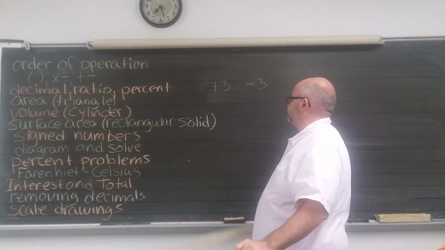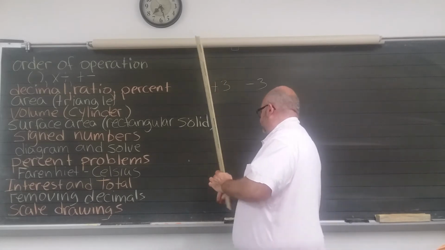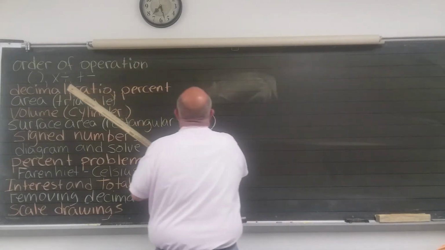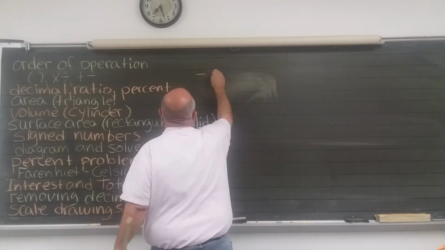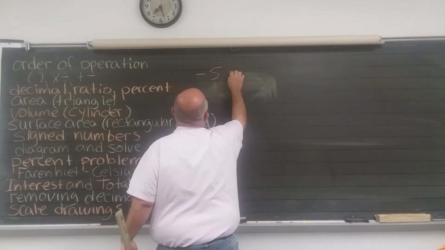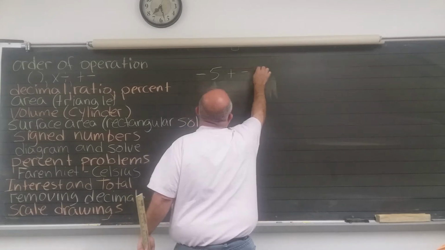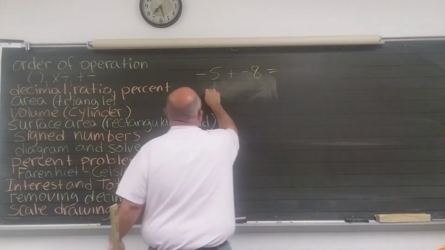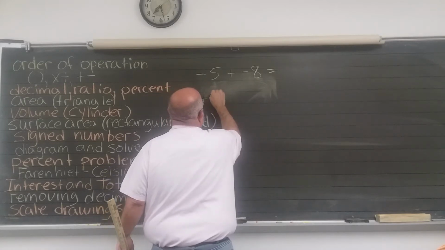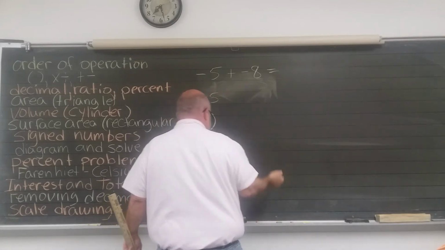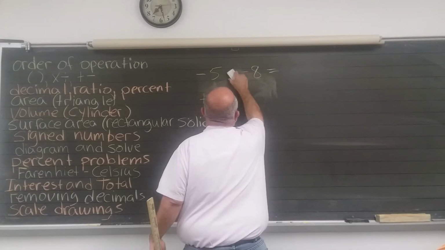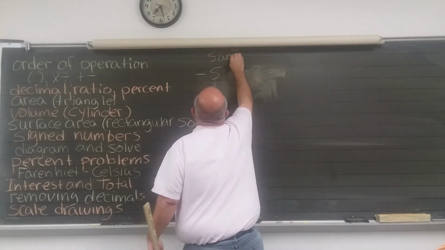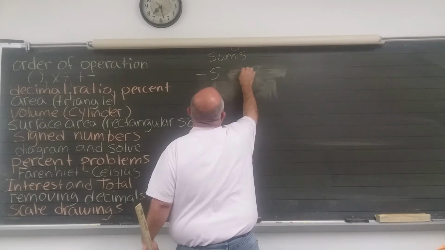In addition, if the signs are the same, -5 plus -8, you add. Actually, they don't put it in that way, right? Sums. -5, -8.